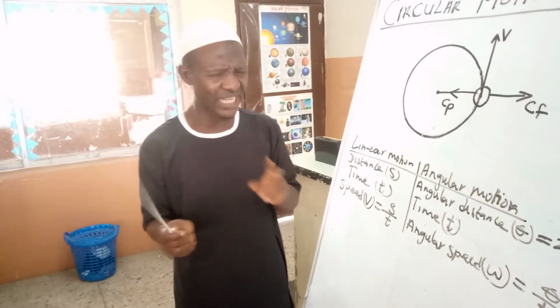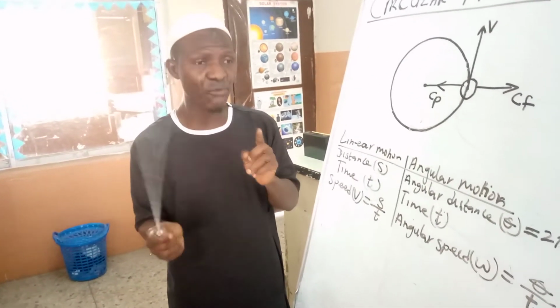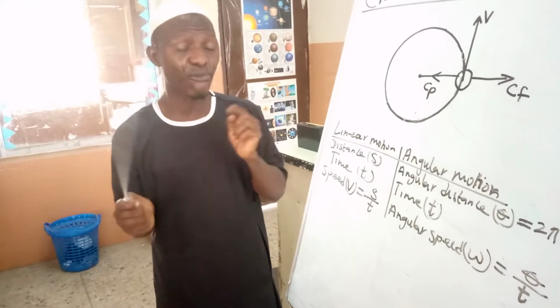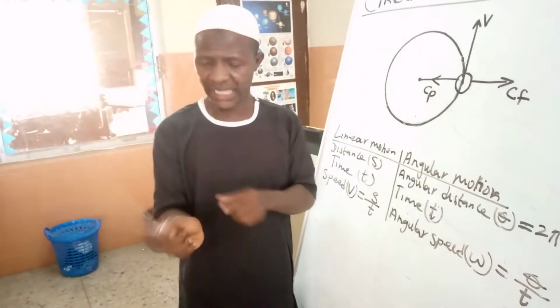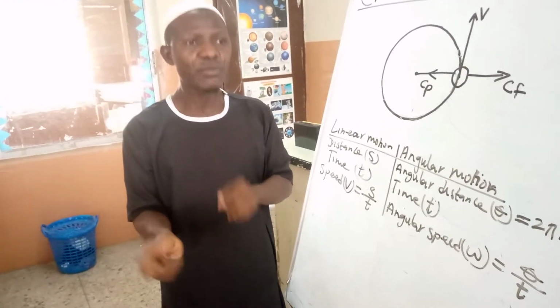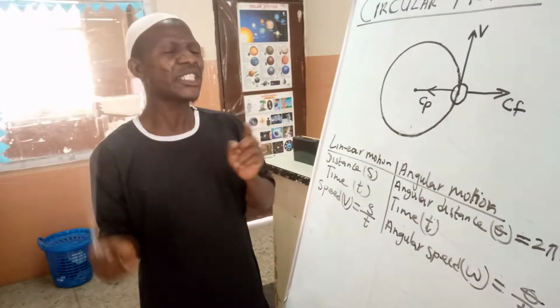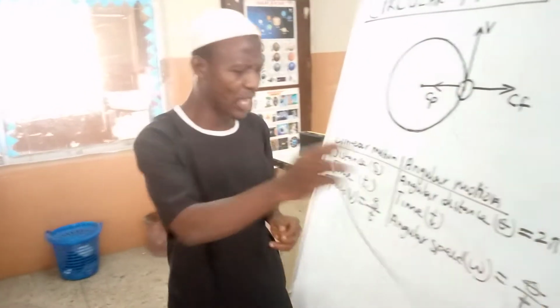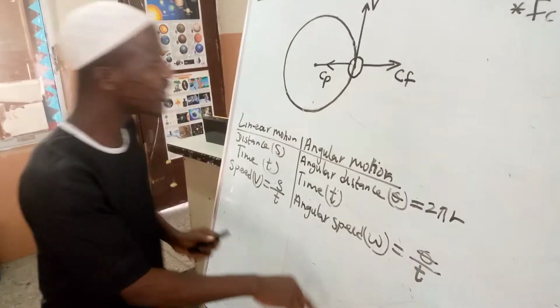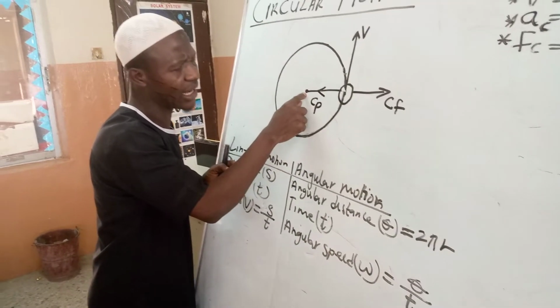Then we have two forces acting on it. One of them is called centripetal force, the one that is acting toward the center of the circle. That is the one in my hand. The second one is called centrifugal force. Centripetal is the one acting toward the center of the circle.